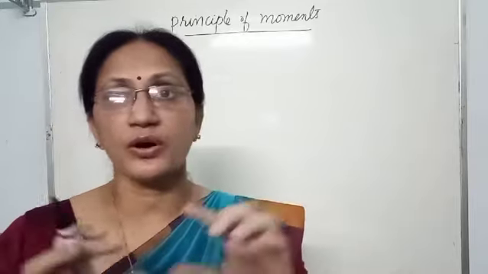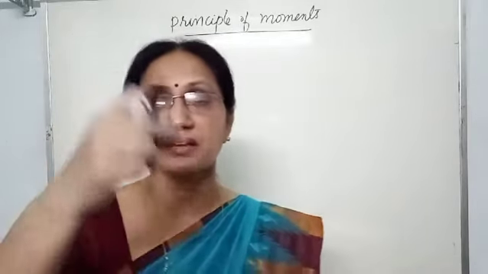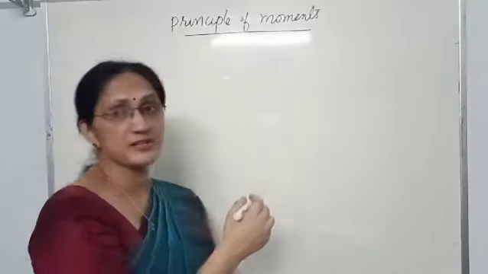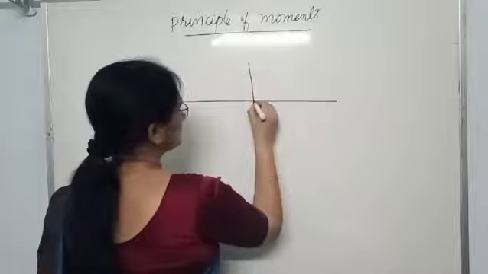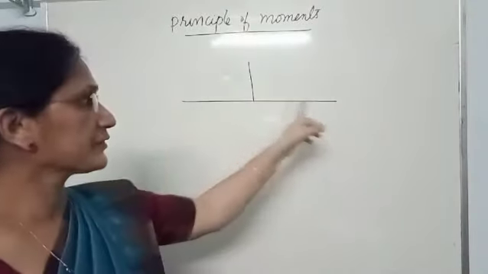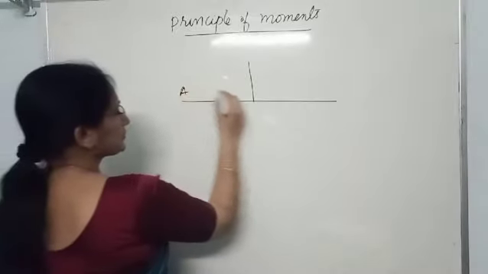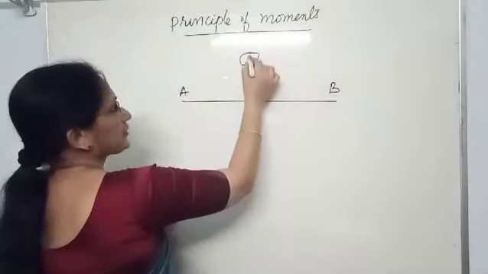Imagine a rod is suspended horizontally by hanging with a thread from its midpoint. A rod is suspended freely. AB is the rod. Okay, it is hanging from a fixed point.